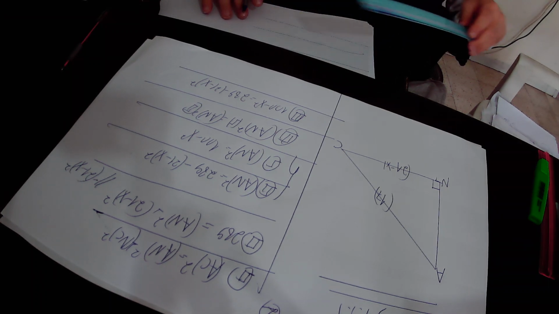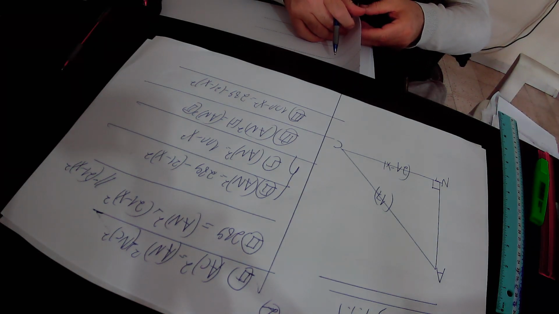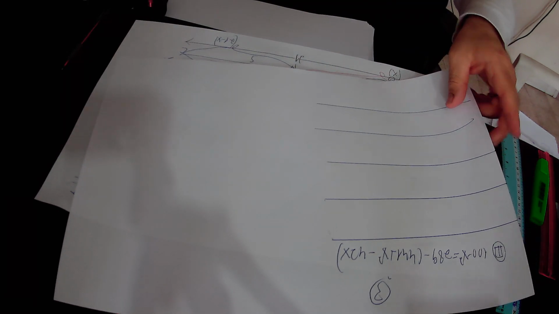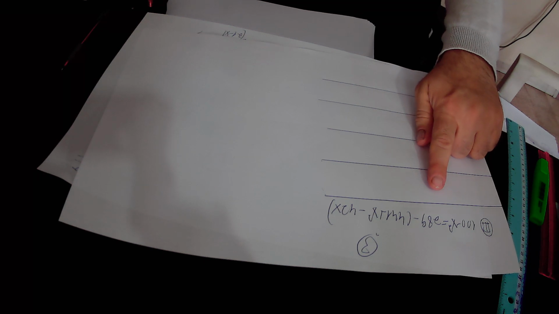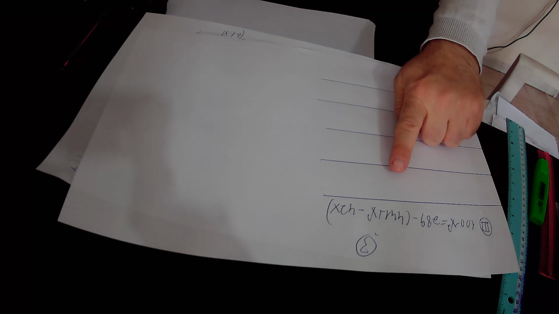So according to equation 3, 100 minus x squared equals 289 minus (441 plus x squared minus 42x).